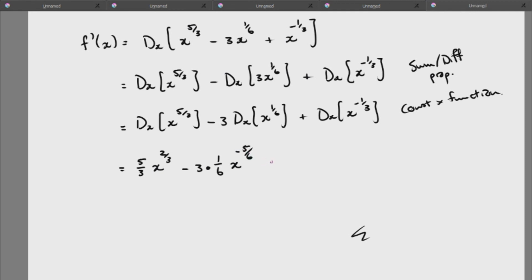One less. Plus, just to emphasize, yes, I could write minus 1/3. But that's more of a simplification I don't need to worry about. The new power of x is negative 4 over 3. And this was the power rule.